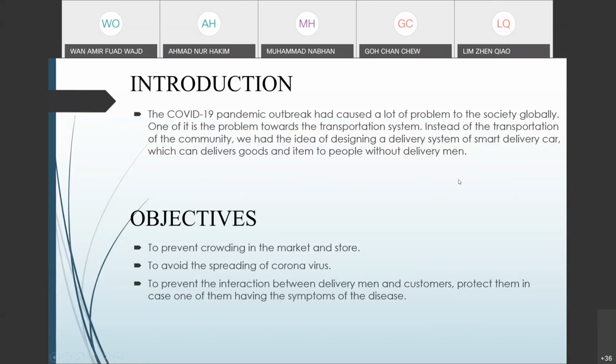The objective of our project is to prevent crowding in markets and stores, since humans can obtain their daily needs through the system we designed easily and more safely. This can help to avoid the spreading of coronavirus since social distancing can be practiced. Besides that, the objective is also to prevent interaction between the delivery man and the customer to protect them in case one of them has symptoms of the disease.